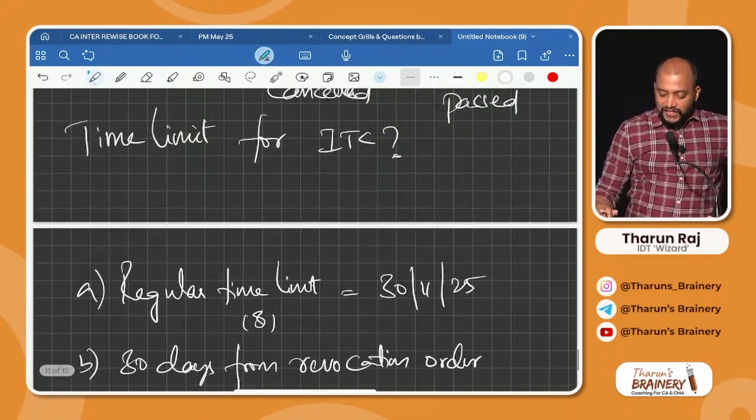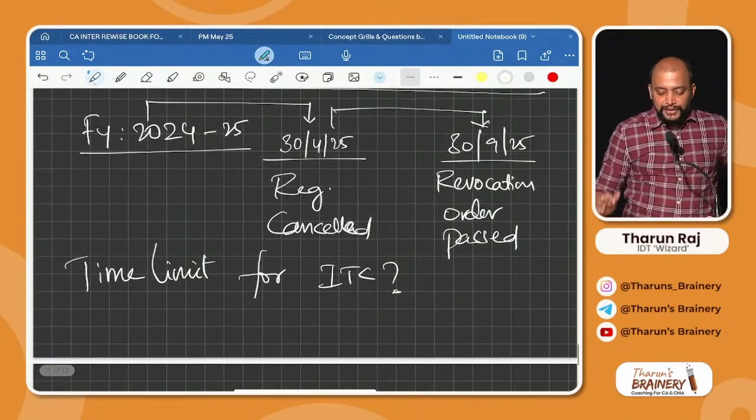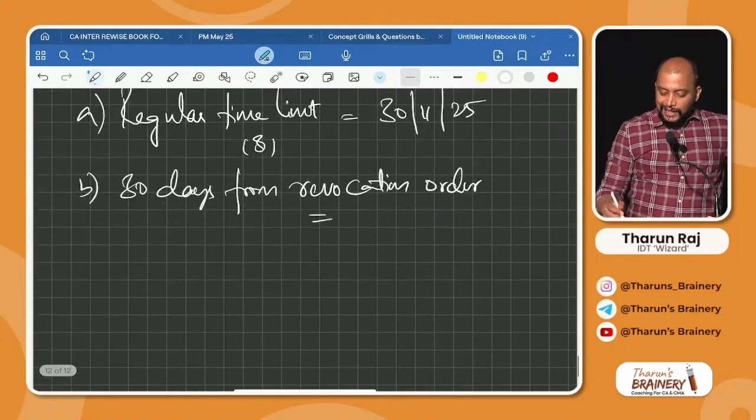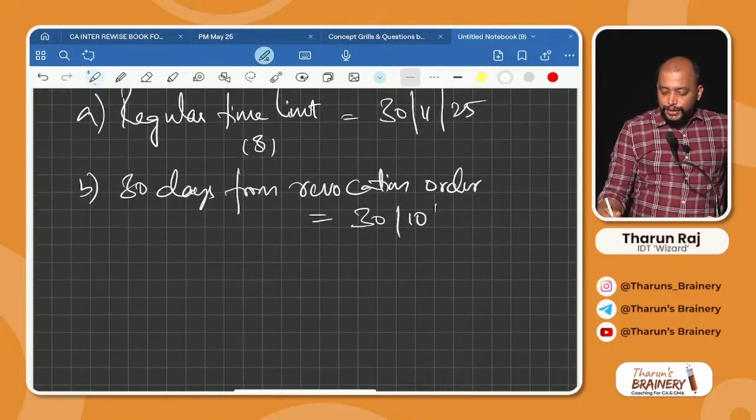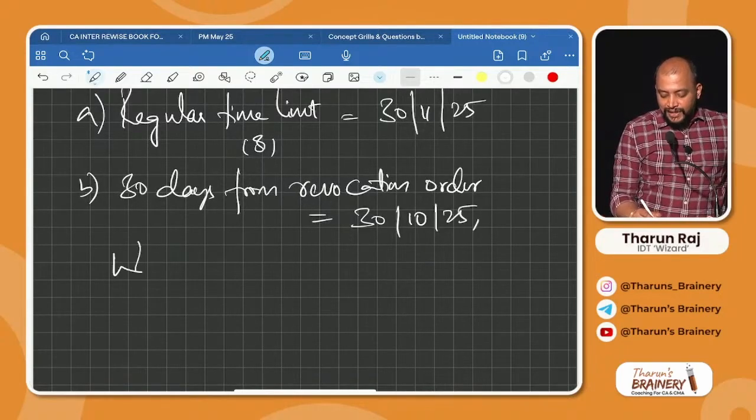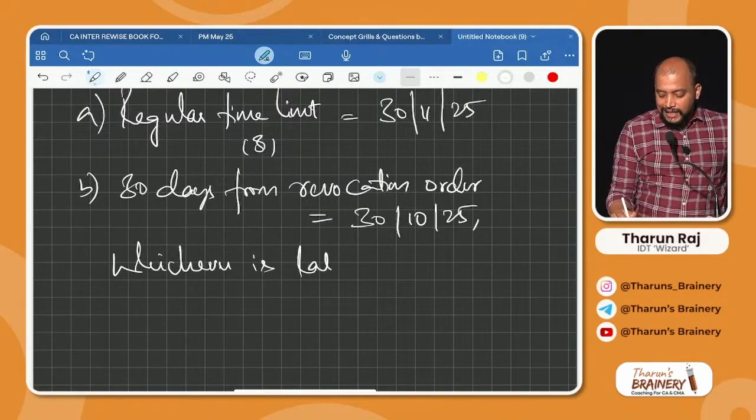What is 30 days from the revocation order? 30/9/2025, and you take 30 days, that is 30 October 2025. Whichever is earlier or later? Later. What is later?